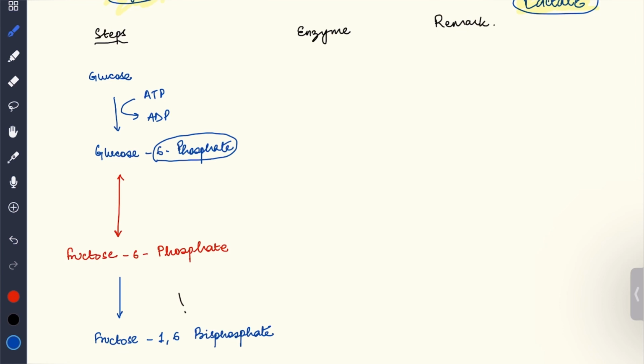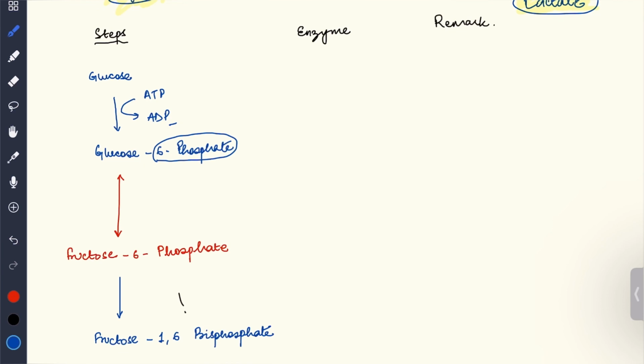ATP is not being formed in the first two, three steps. There are two steps in which ATP is used, and then there are a few steps in which ATP will be formed. So the net result will be formation of ATP, but you need to remember these two steps for the exam.